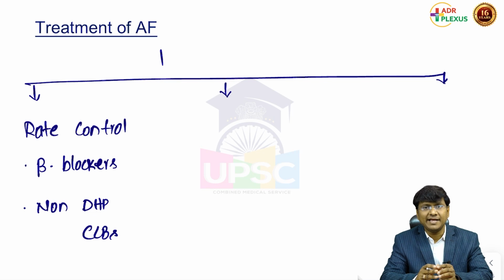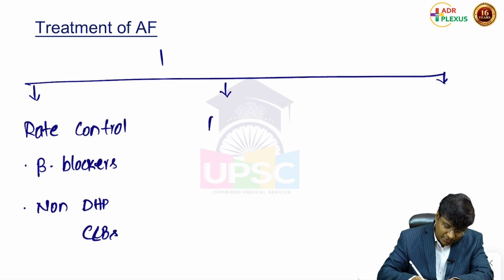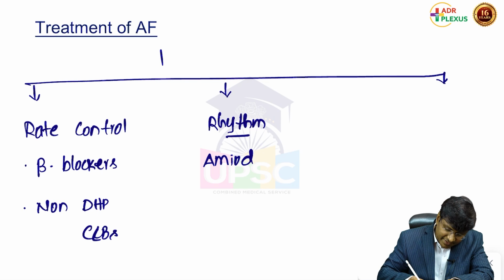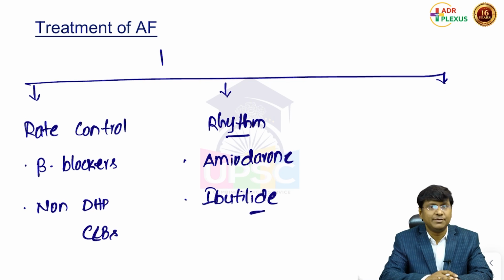Next is rhythm control. Rhythm control is done by anti-arrhythmic drugs, and these include amiodarone as well as ibutilide.